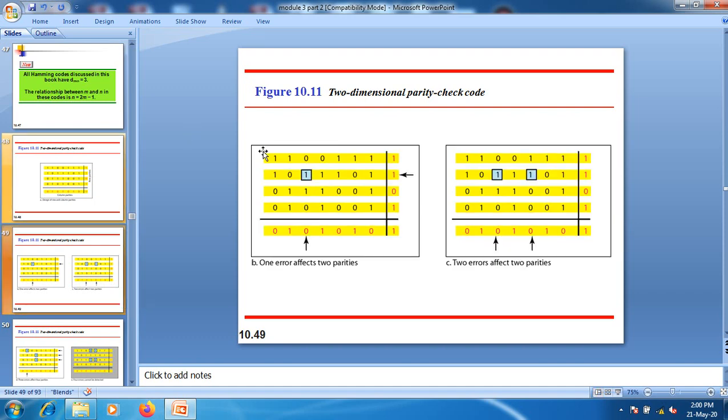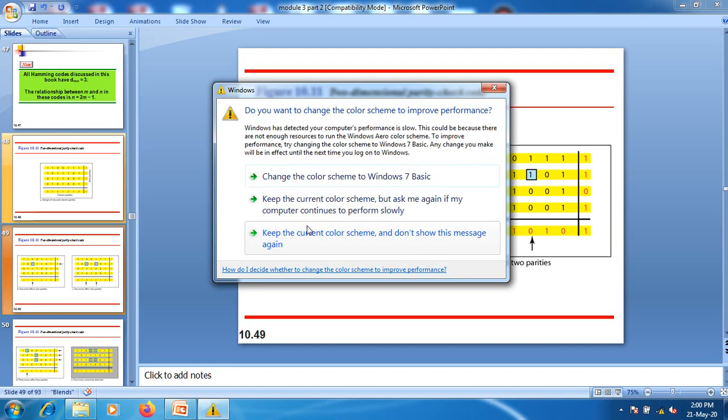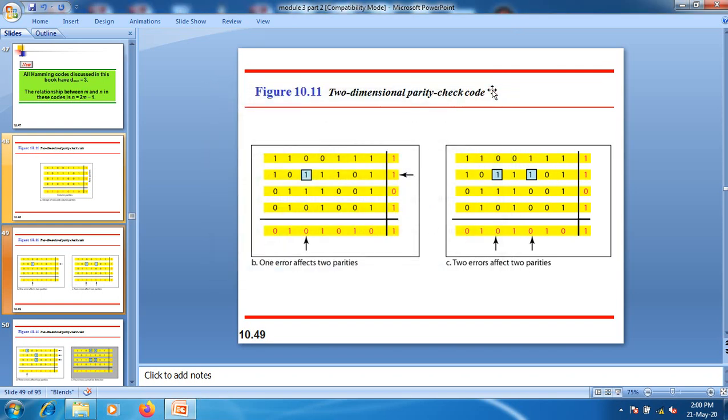For example, suppose a single bit error occurs. In that case, it can affect this particular bit position as shown by the arrow mark, as well as this particular bit. Suppose a 2-bit error occurs.